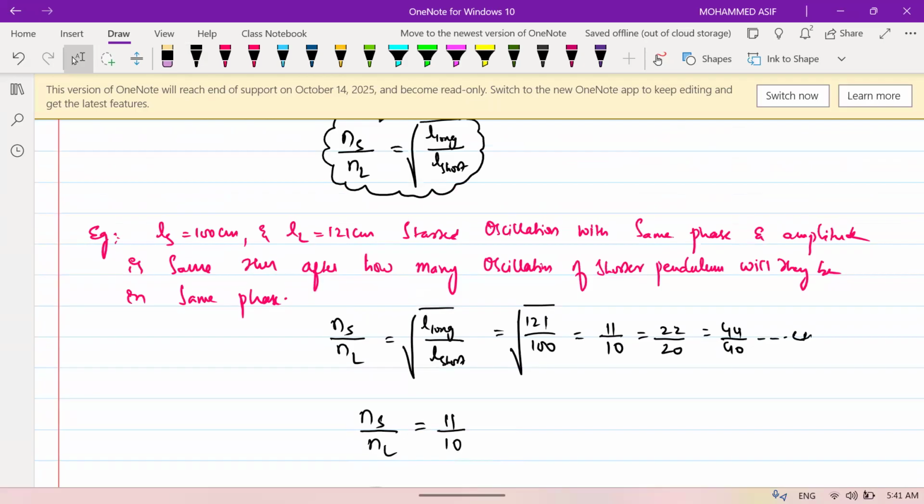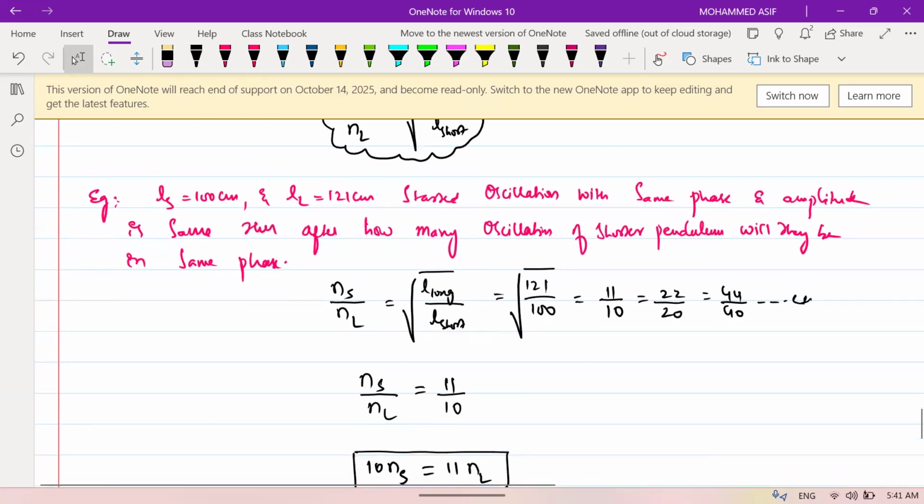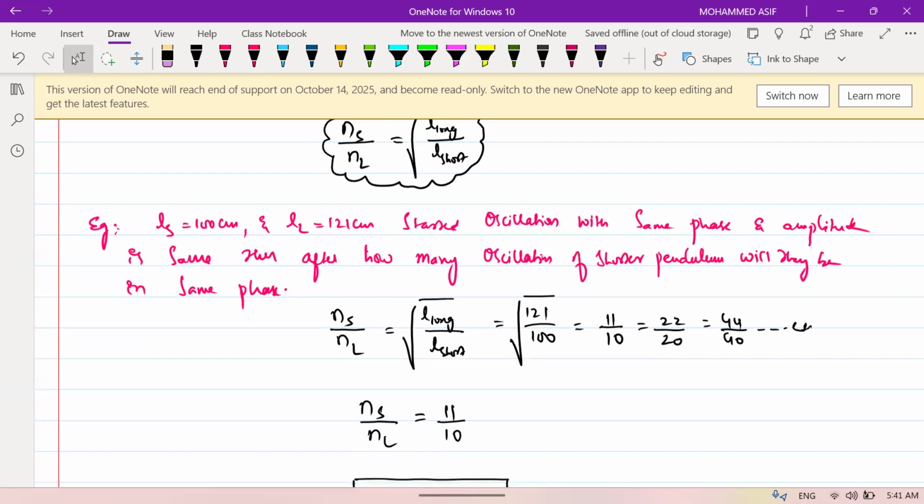Then see the question carefully. Shorter length is given, longer length is given, and it is asking after how many oscillations of the shorter pendulum will they be in the same phase.